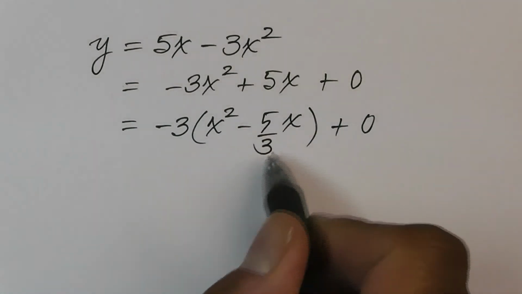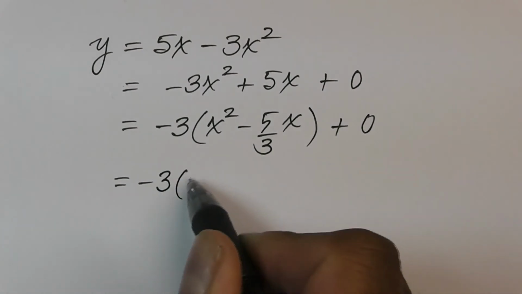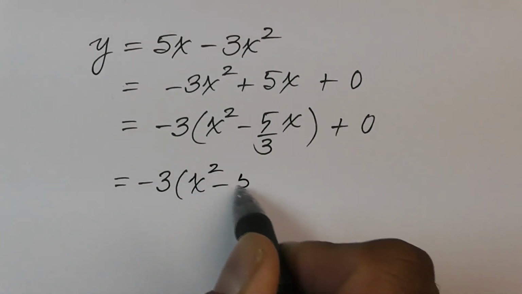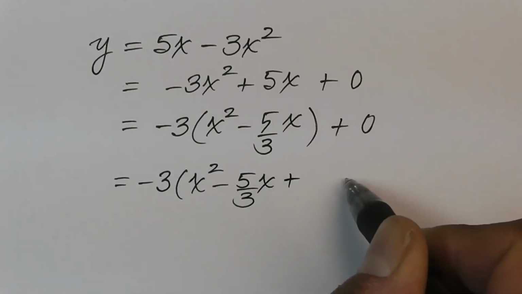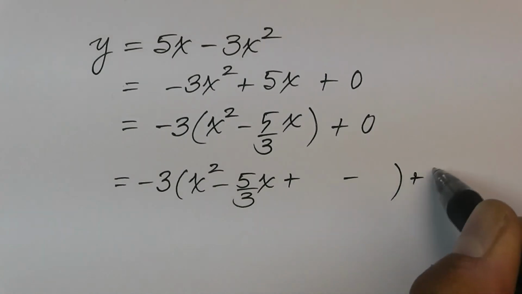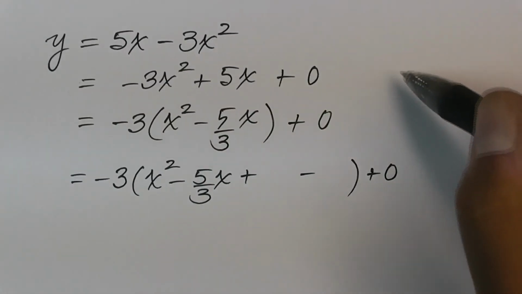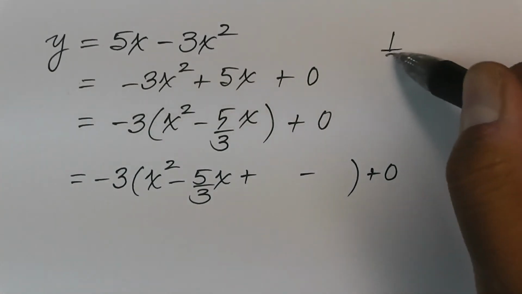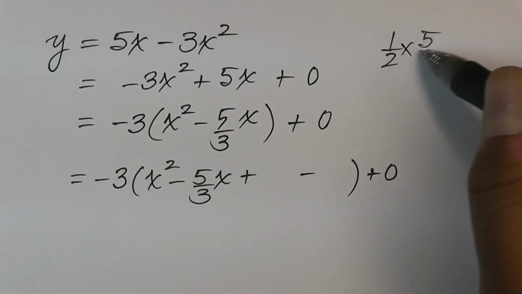So, what's the number that gets added and subtracted inside that bracket? So we've got x squared minus 5 over 3x. Something gets added, something gets subtracted. Now, how do we figure out what that number is? Well, we're going to do exactly what we did before. 1 over 2 times this middle number, 5 over 3.